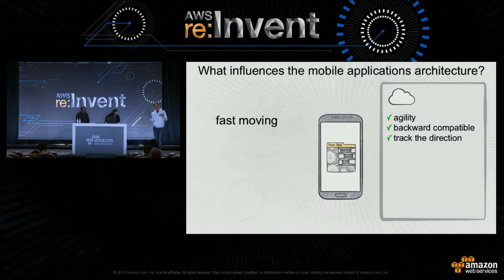Then if you're adding features, you need to check: am I going in the right direction or not? And then, of course, you need to differentiate. There are a lot of apps out there. You need to innovate to become different.